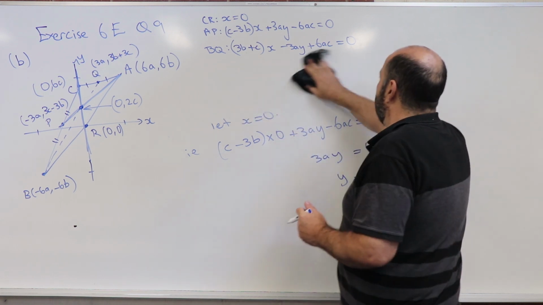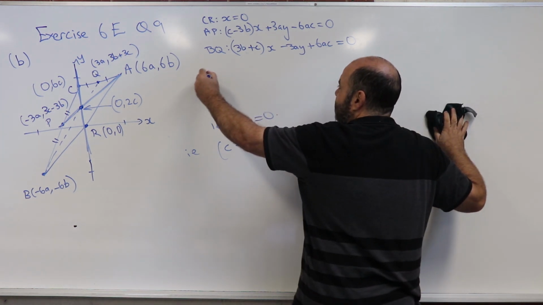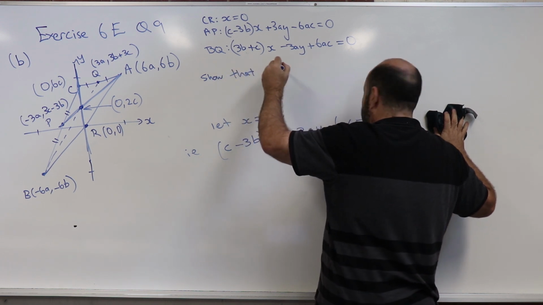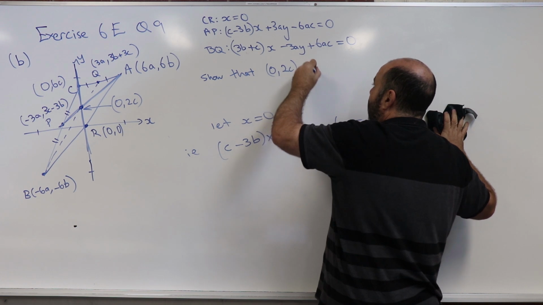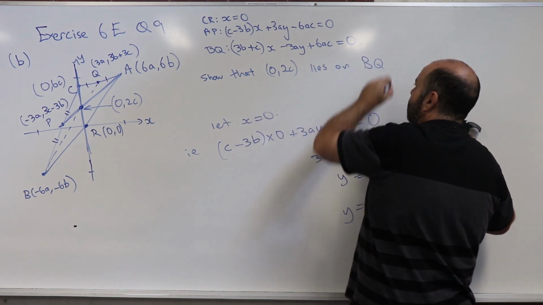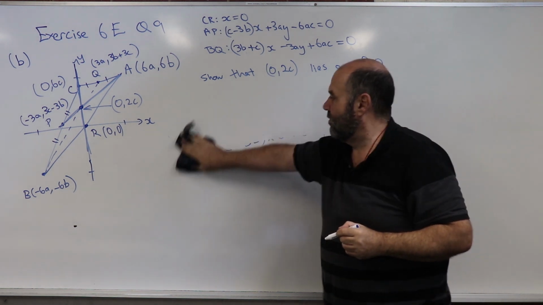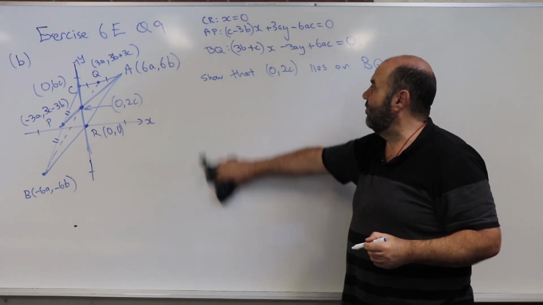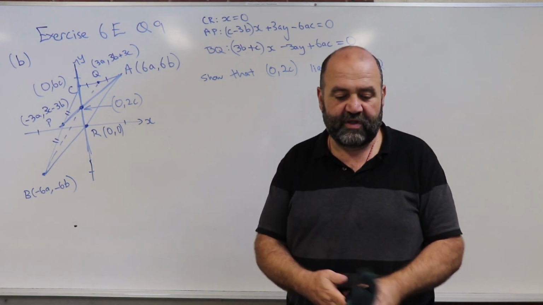Now, we have to show that 0, 2c lies on BQ. So that's our aim. Our aim is to show that 0, 2c lies on BQ.